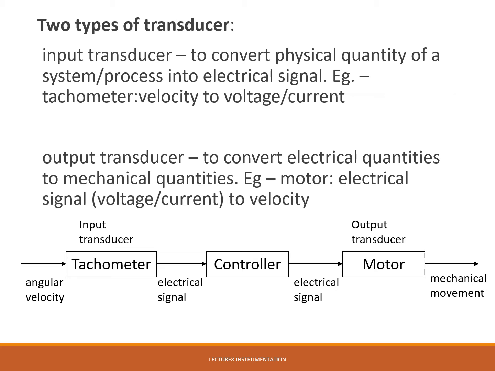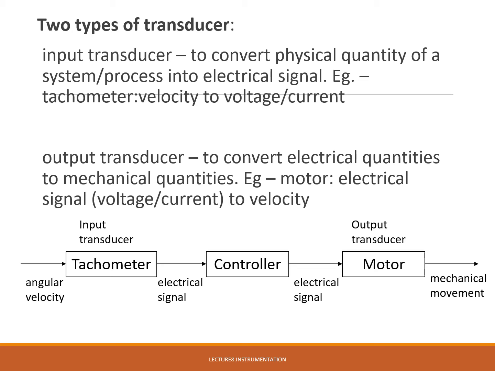While the output transducer is basically the inverse of that process. So for output transducer, we apply electrical signal into the transducer, and the transducer will convert into mechanical movement. So basically output transducer is an actuator.